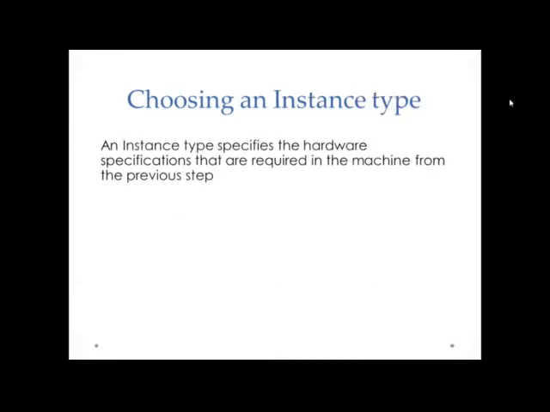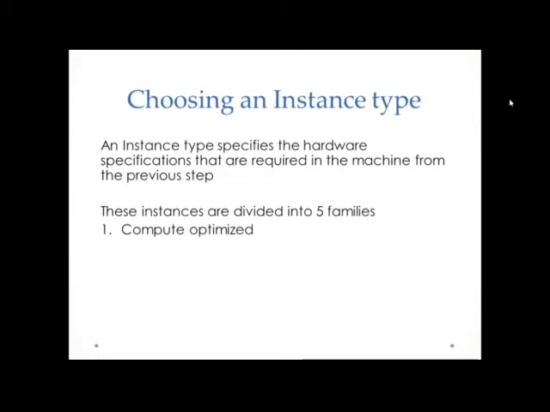Next, choosing an instance type. An instance specifies the hardware specifications that are required in the machine from the previous step. These instances are divided into 5 families. First one, compute optimized instance. This is used for situations that require a lot of processing power. And memory optimized instance. This is for setting up something to do with your memory cache.